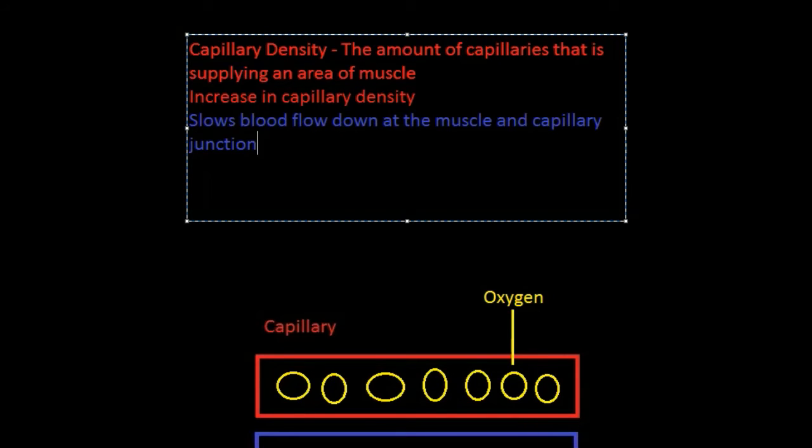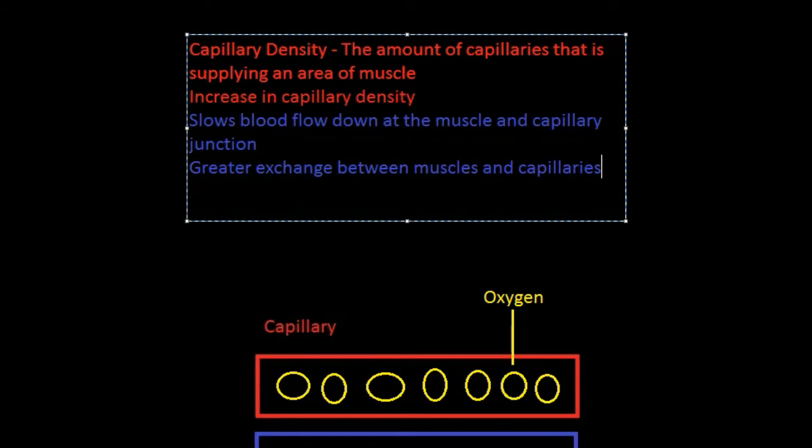The capillaries go right down to the muscle, and they give off their nutrients and accept the waste products from the muscle. With this increase in capillary density, the blood flow at this junction area slows down to allow for a greater exchange of nutrients. So the result is a greater exchange between muscles and capillaries.